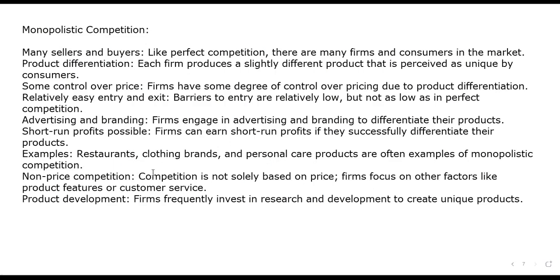There is non-price competition in this structure where firms will focus on other factors like product features or customer service. On product development, firms usually invest so much in research and development to make their products unique. So this is how the market structure should be explained.